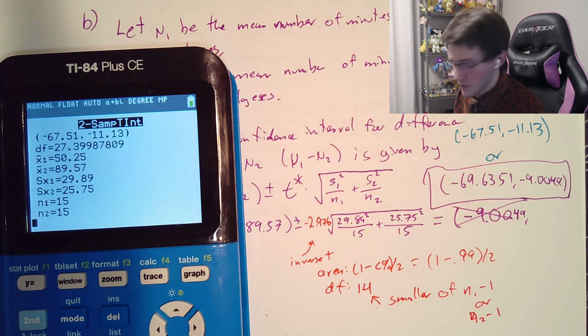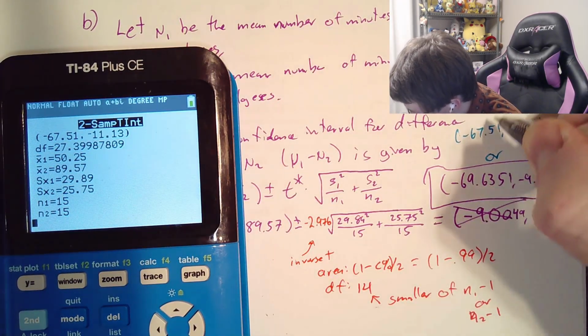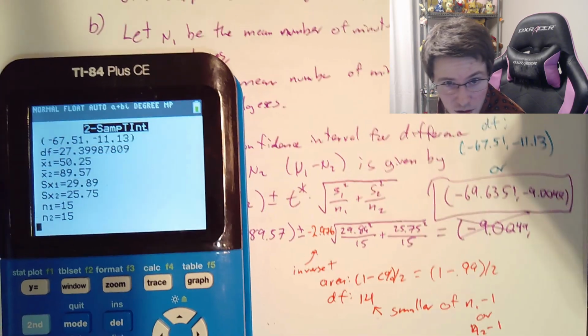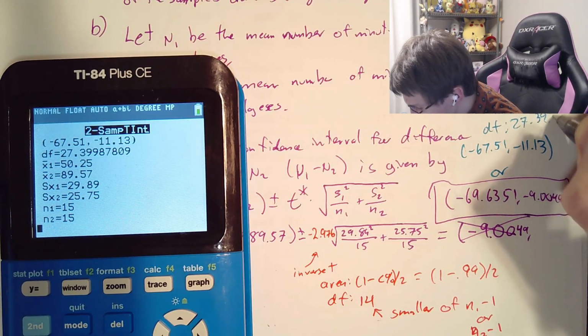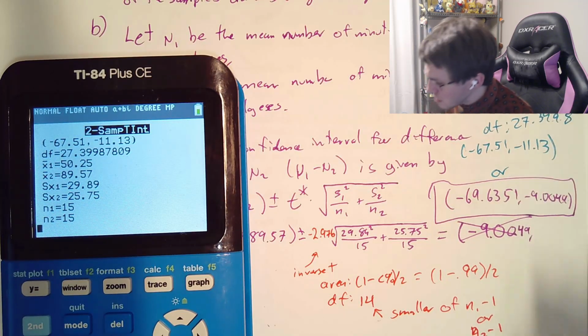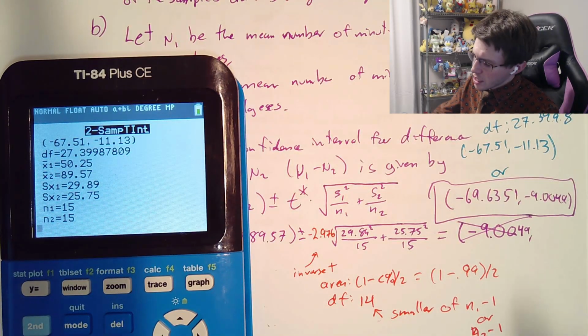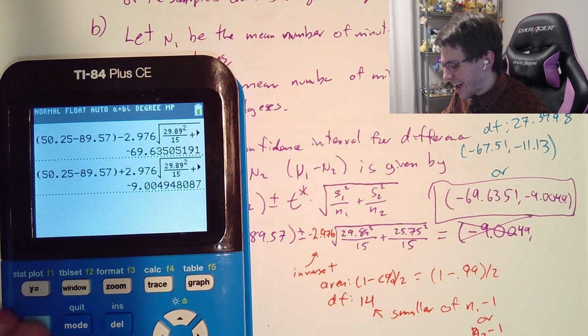Thank goodness the calculator saves it. It didn't save it back in the day. If we use DF is 27.399, then maybe if you're on the AP test, you want to calculate this first, find the degrees of freedom, and then use that to write your answer.